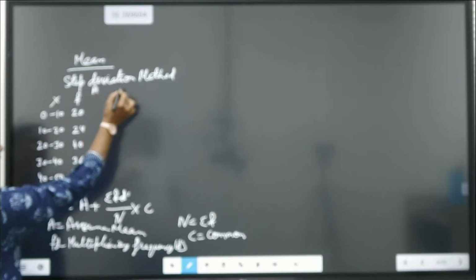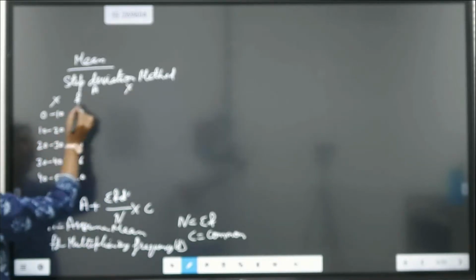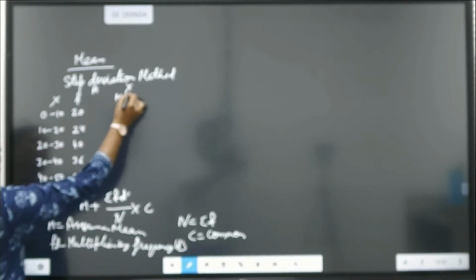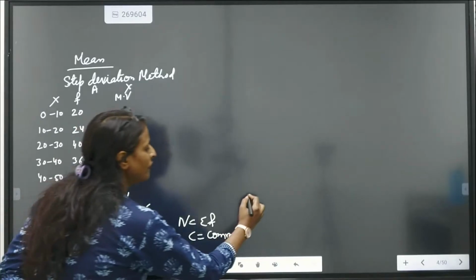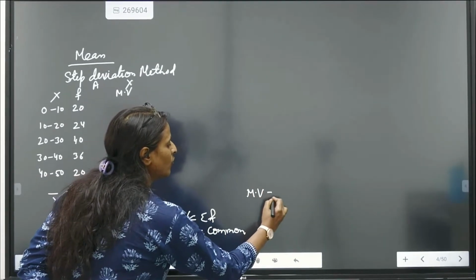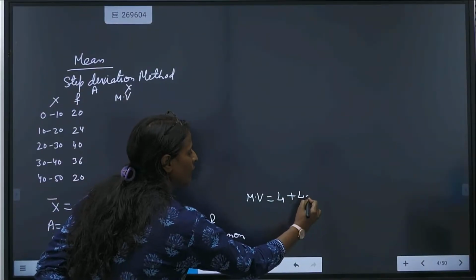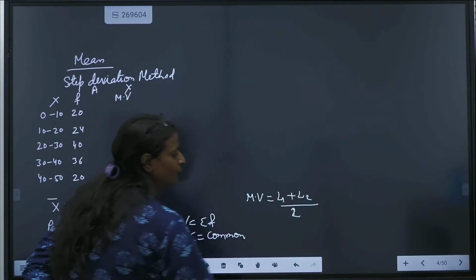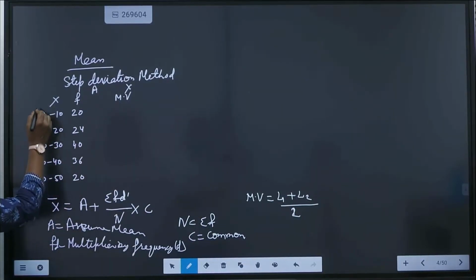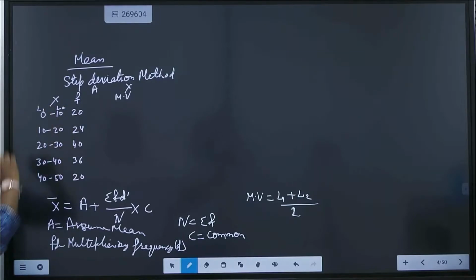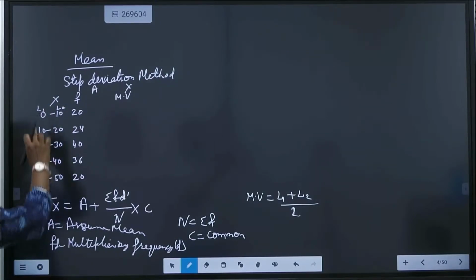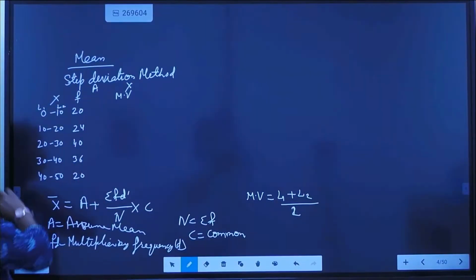For the A we have to assume X mid value. The formula of mid value is MV equals to L1 plus L2 upon 2. Here this is L1, it's L2. So we have to total 0 plus 10 upon 2.